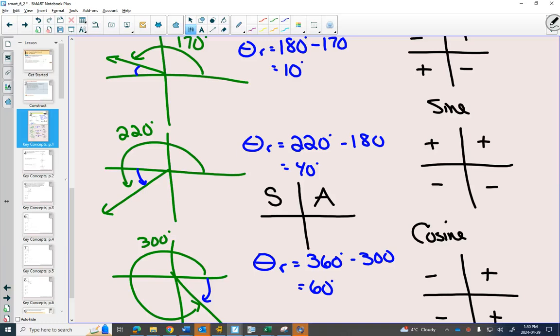Tangent is the only one that's positive in quadrant 3. And finally, in quadrant 4, only cosine is positive.